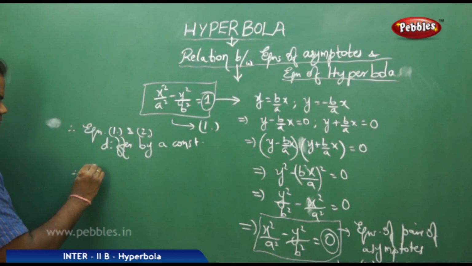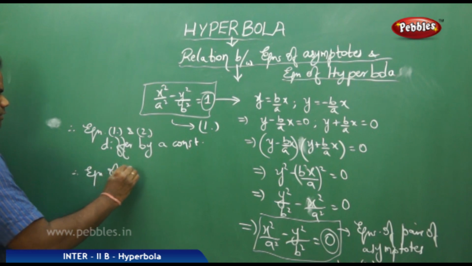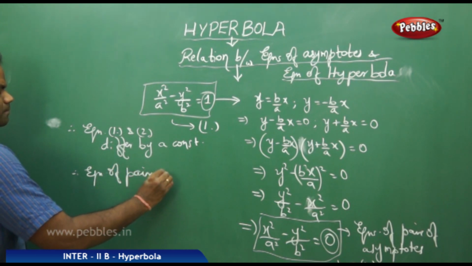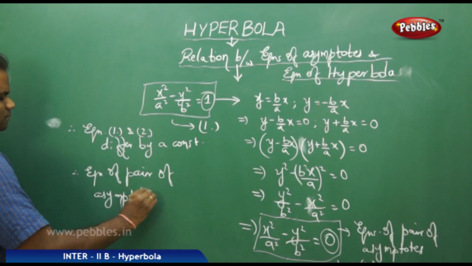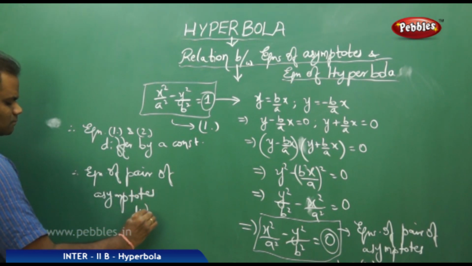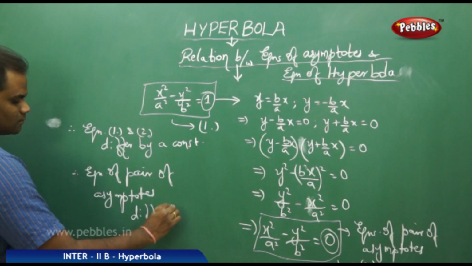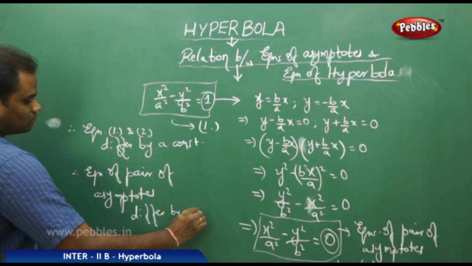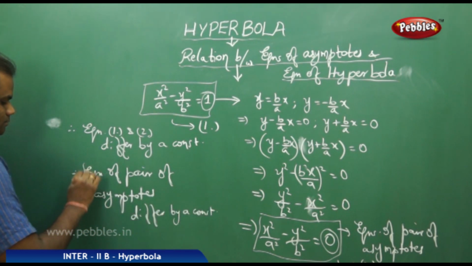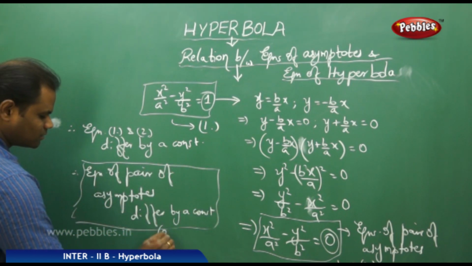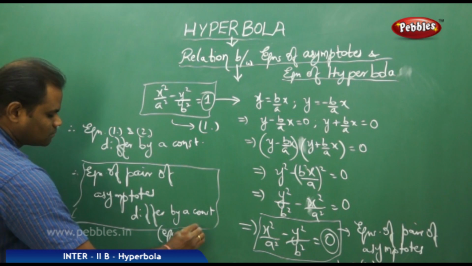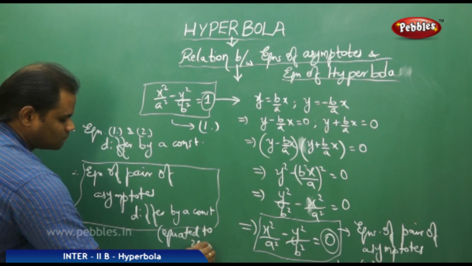Therefore, the equation of pair of asymptotes differs by a constant, equated to 0.